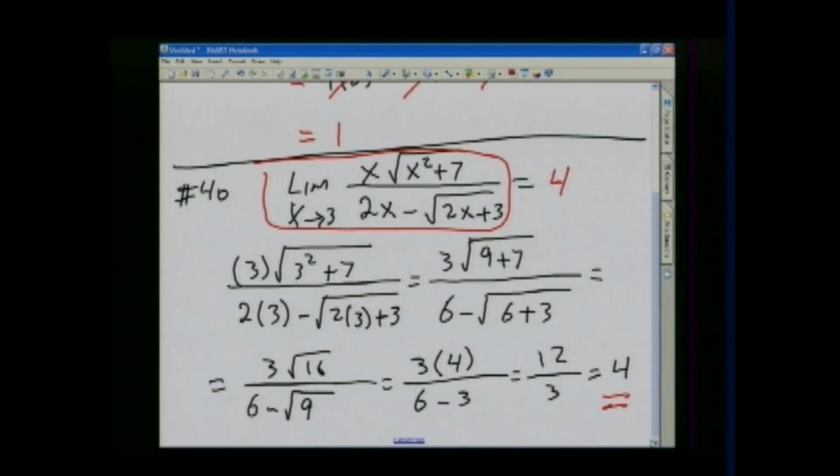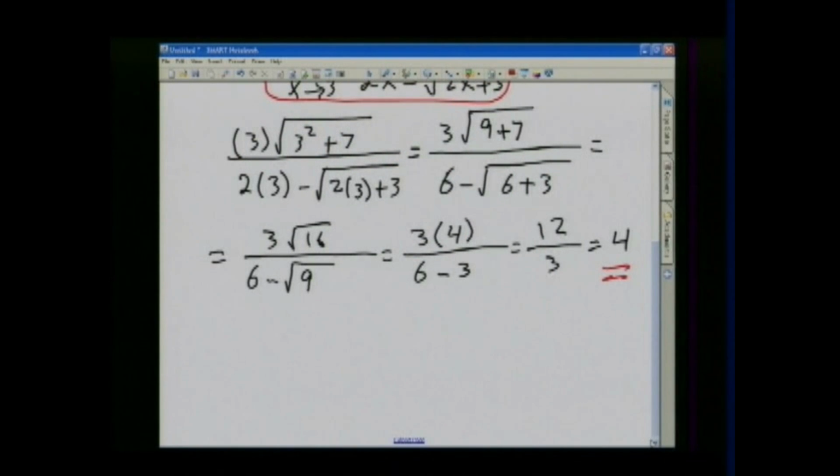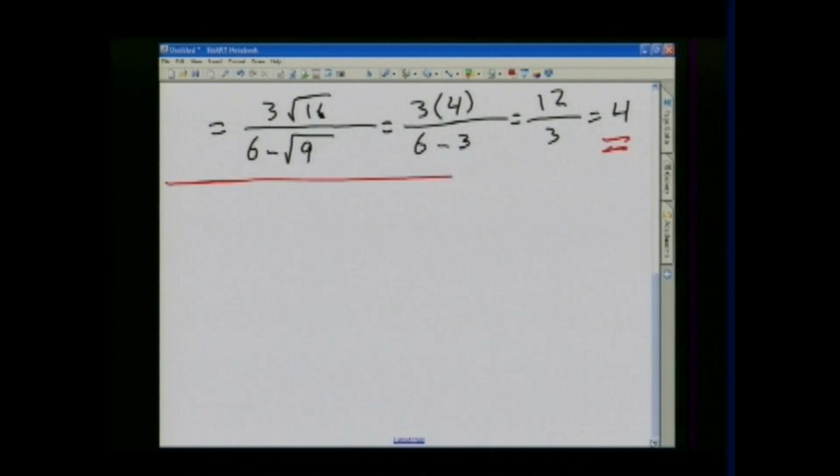The other problem we wanted to do was problem number 58. We're going to see why 58 would be different in just a second. Problem number 58, again in section 9.1.